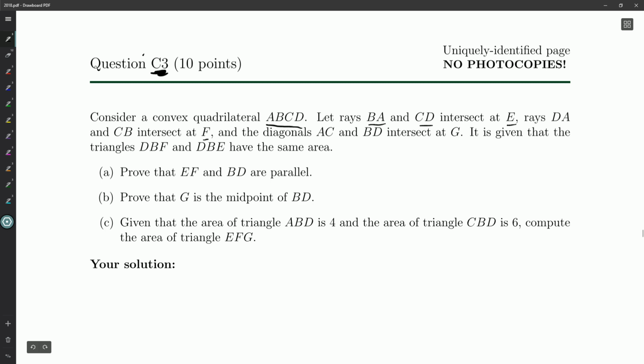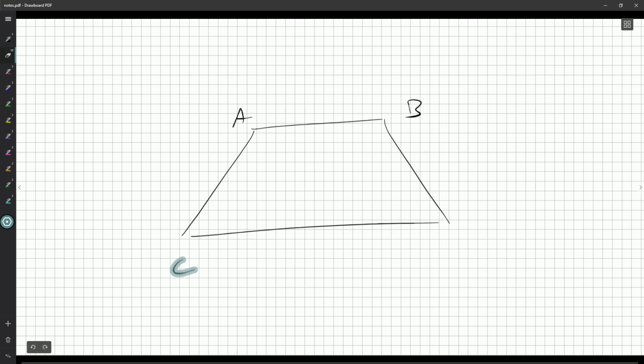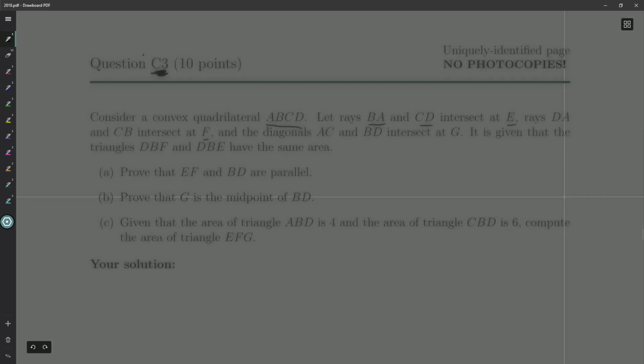I'm going to have to draw a picture here before I keep going. So let's say A, B, C. It's just a quadrilateral. Oh, no, it should be numbered clockwise. So they said BA and what was it?